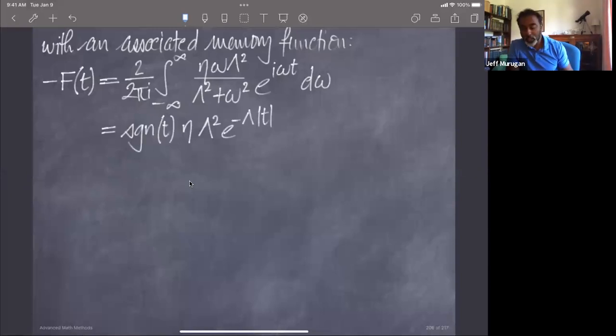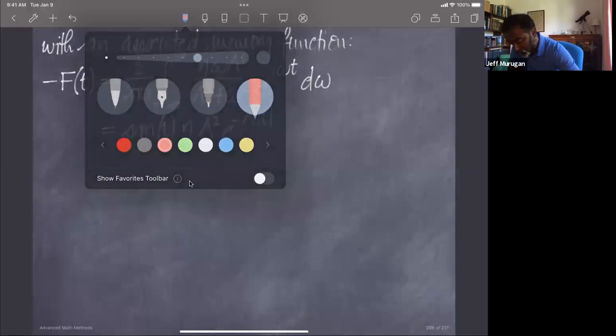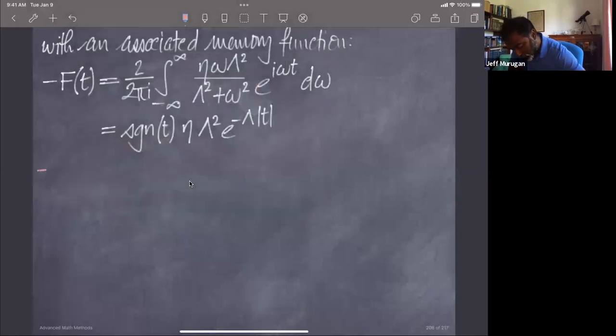And here we can immediately see that lambda plays the role of a regulator, in that it is an envelope to the behavior of the rest of the term. As an exercise, I would like you to carry out this integral.